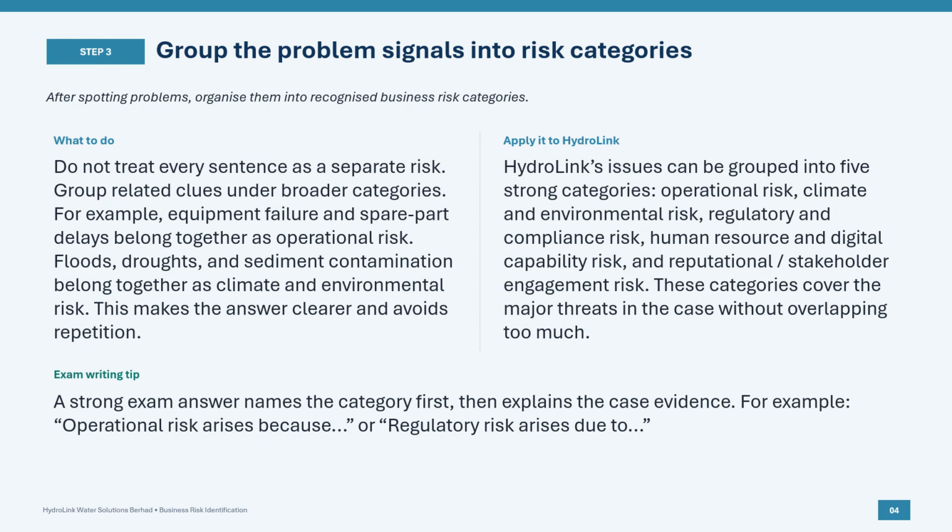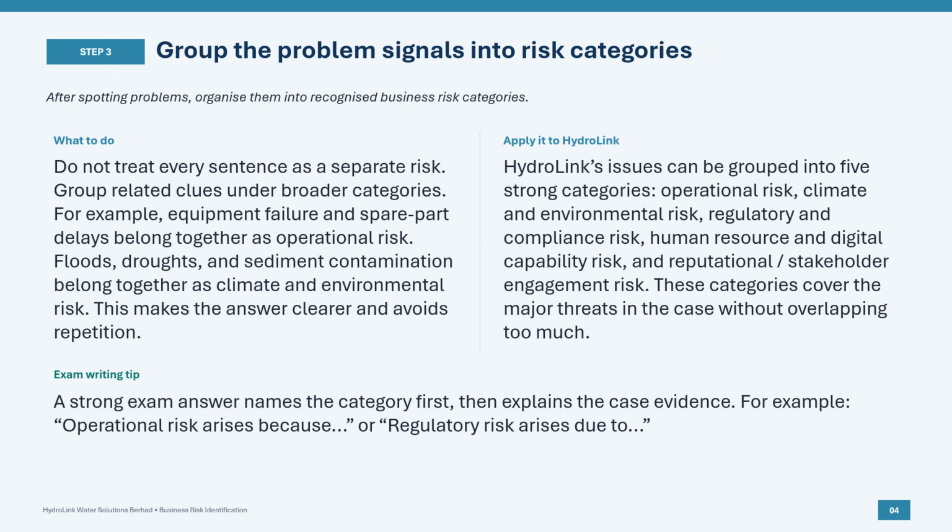Come back to a stronger exam answer. Name the category first, then explain the case evidence. For example, you mention operational risk. You need to say why: because of equipment failure, and the situation becomes worse when the spare parts are delayed.